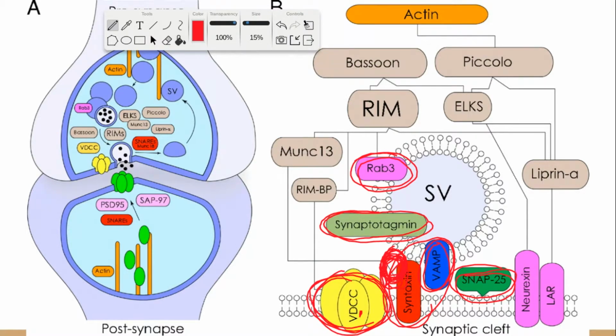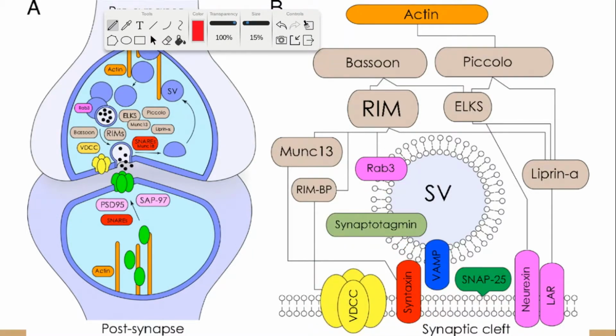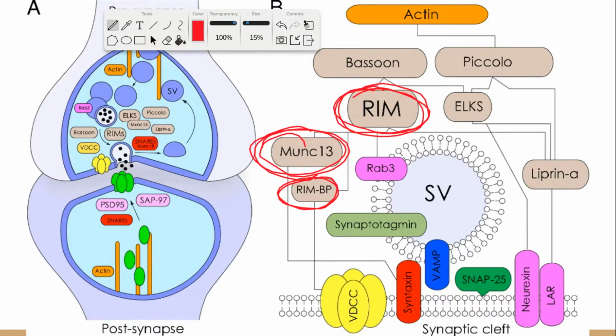And that's not by accident. This close proximity is actually accomplished by this RIM-MUNC13 complex, also RIM binding protein, but it's mainly the MUNC13 and the RIM complex that are responsible for putting our synaptic vesicles right next to our voltage-gated calcium channel.